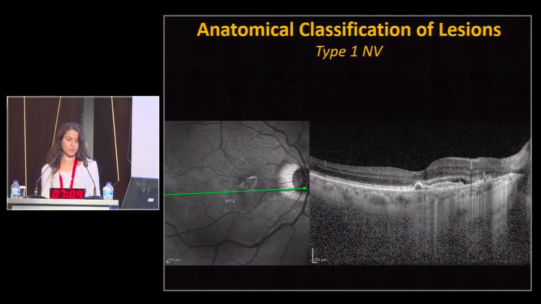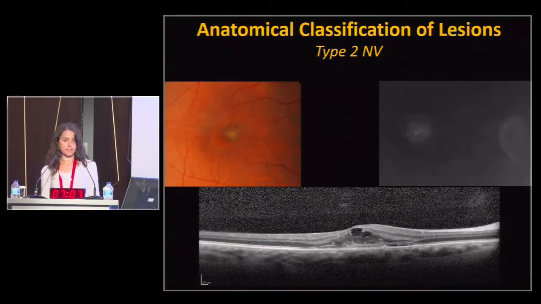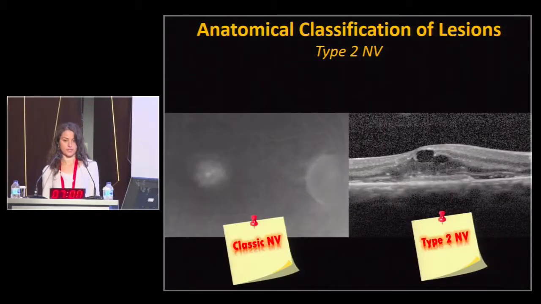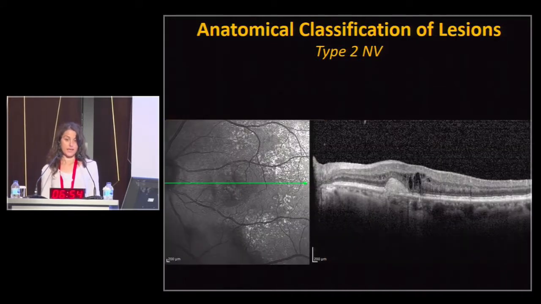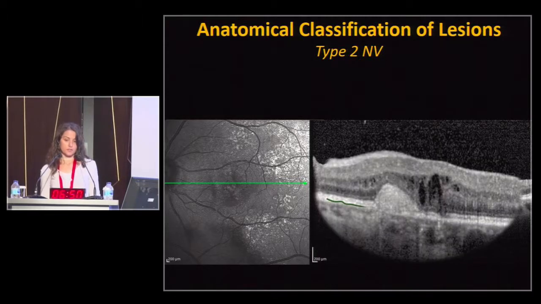For type 2 lesions, we are going to have a classic pattern on fluorescein angiography, and the lesion on OCT is going to be located above the RPE. And it's going to be associated not with subretinal fluid, but mainly with intraretinal fluid. And look that the RPE is disrupted because the membrane is going to break through Bruch's membrane and RPE in order to arrive to the subretinal space.